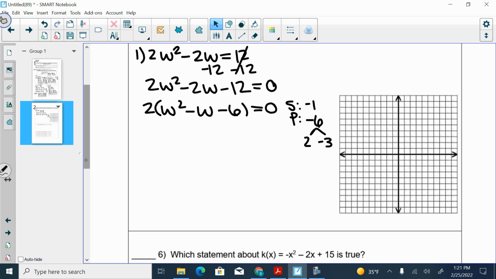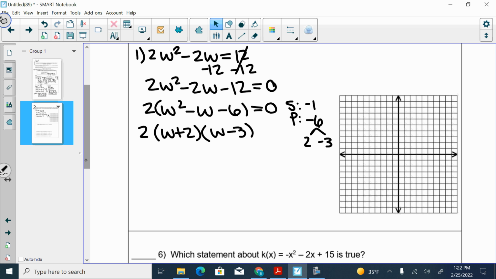So 2 times negative 3 is negative 6, and 2 plus negative 3 is negative 1. Very good. So I'll have 2, and I'll have w plus 2 in my first parenthesis, and w minus 3 in that second parenthesis. Okay, so we factored it. What are we supposed to do now?